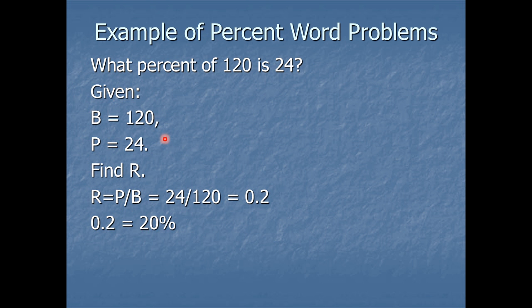So you have to find the rate, using the formula R equals P over B. Once you divide, you get 0.2. You get the answer as a decimal fraction, and you convert it to percent. That's how you get the rate in this question.